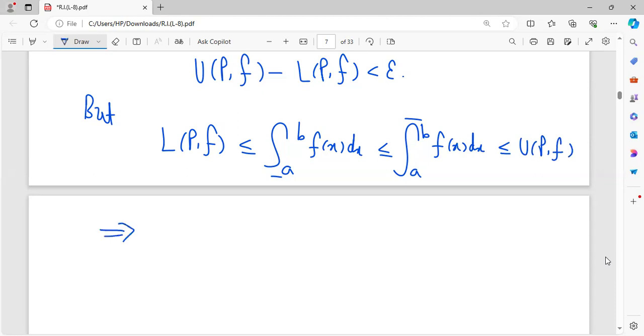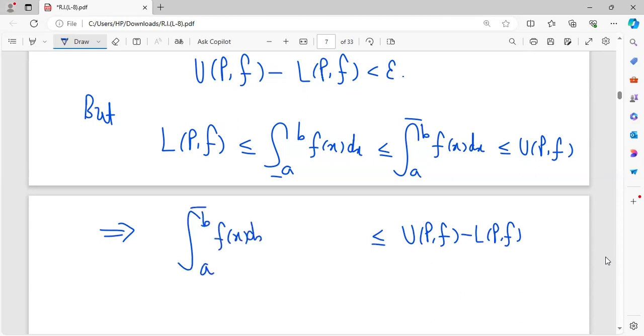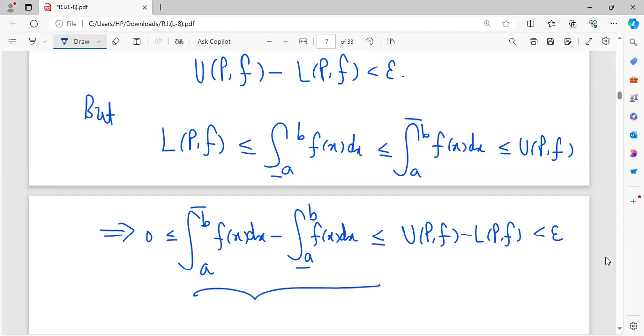So what does it mean? It means the distance between UPF and LPF is always greater than the distance of the upper integral from the lower integral, and this is less than epsilon.